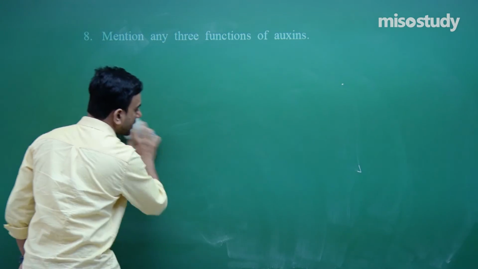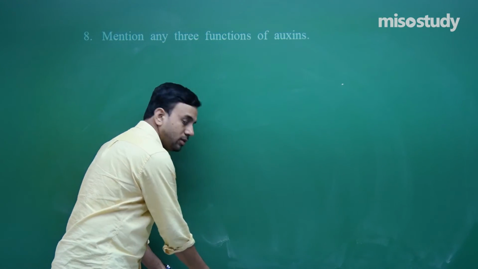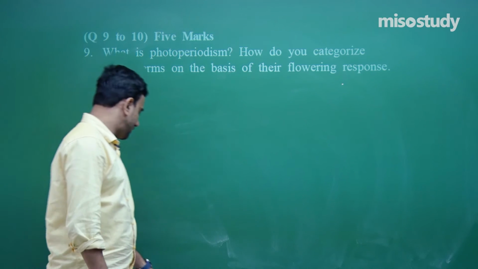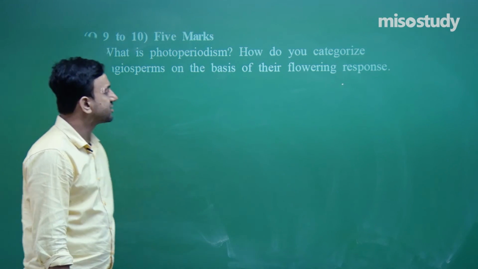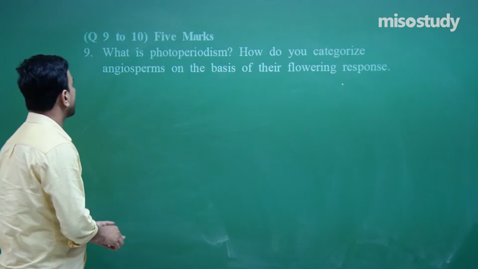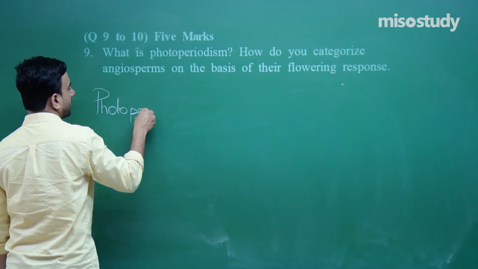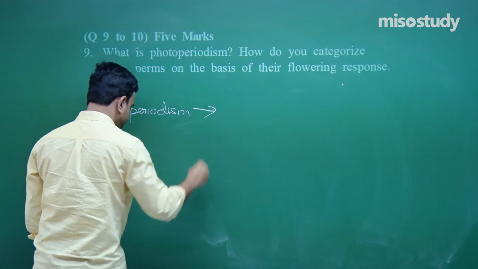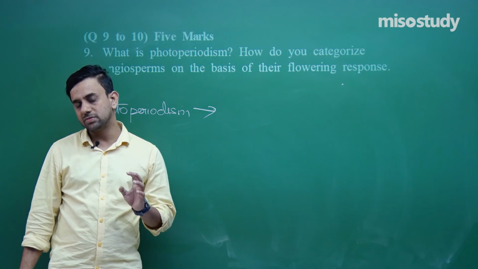We move on to the next question, that is, what is photoperiodism? How do you categorize angiosperms on the basis of the flowering response? Now, photoperiodism is a very important characteristic of angiosperms, the flowering plants.